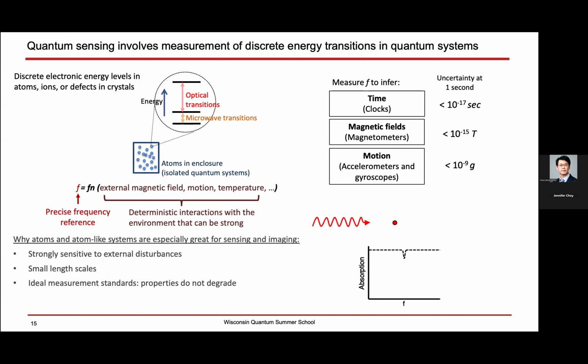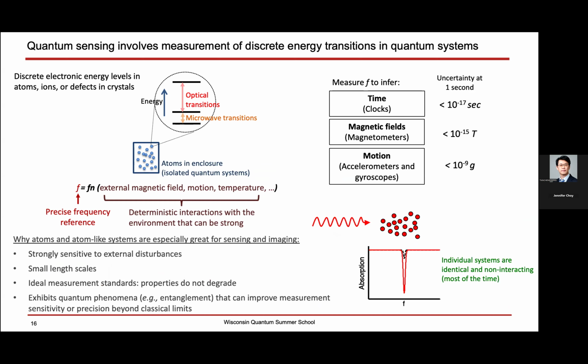If you do the same thing on a bunch of atoms, you get a much bigger signal. Because of indistinguishability, your measurement noise only improves and doesn't get worse when you do these ensemble measurements. And the last piece is that you can leverage coherence and entanglement to further boost your sensitivity.